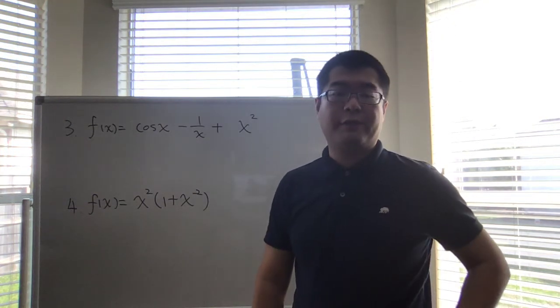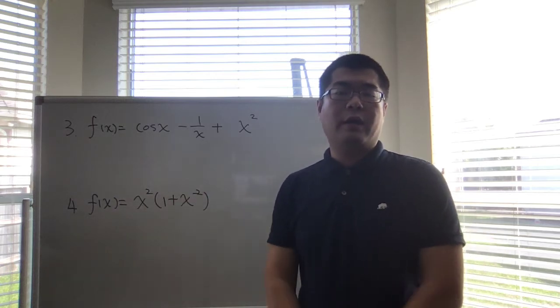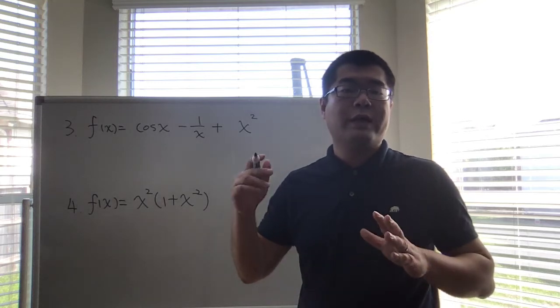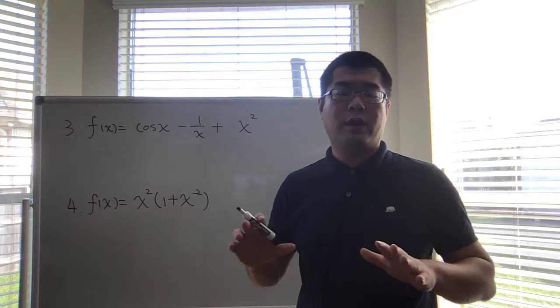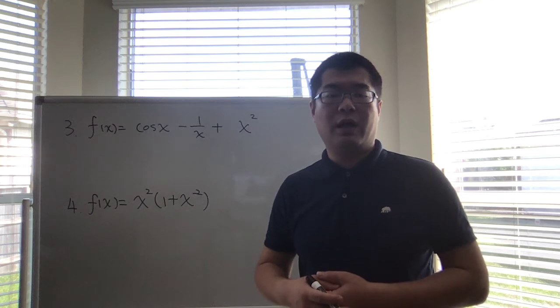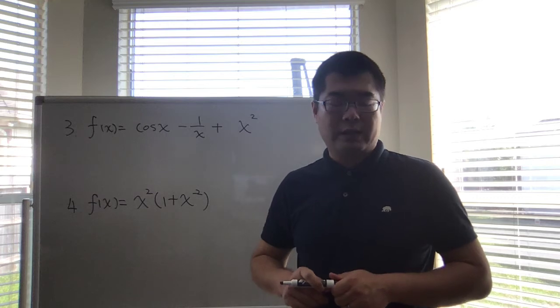If the structure of the given function is a product of a couple of expressions, what you need to do is to distribute that expression such that there is no multiplication involved. Okay, this is the first thing you have to think about.